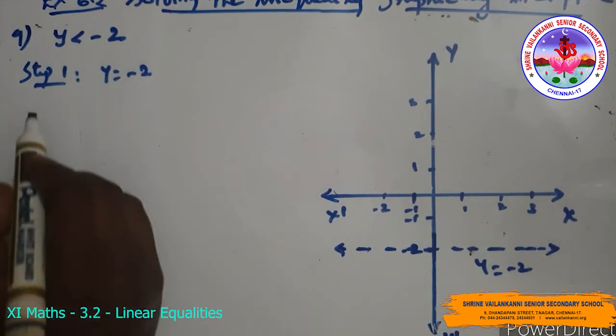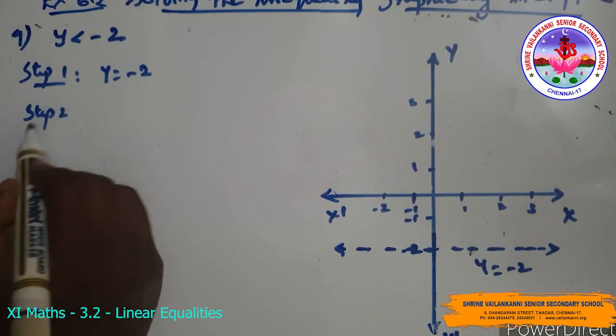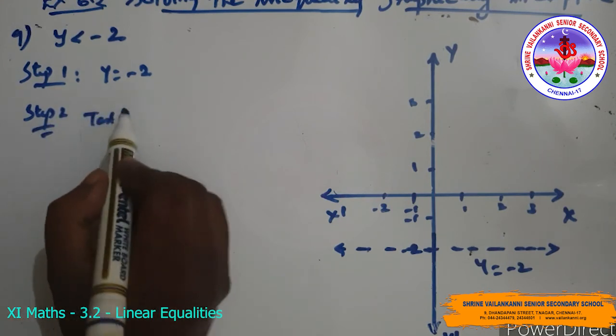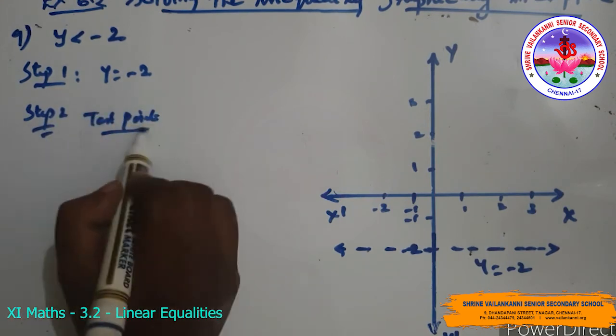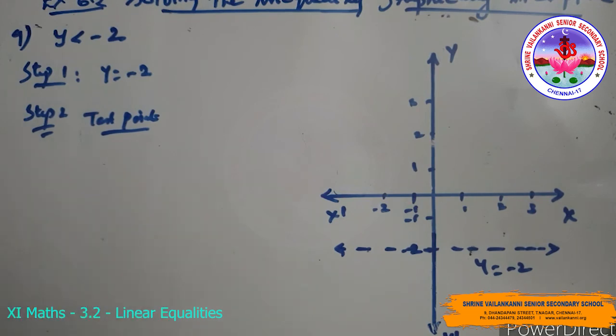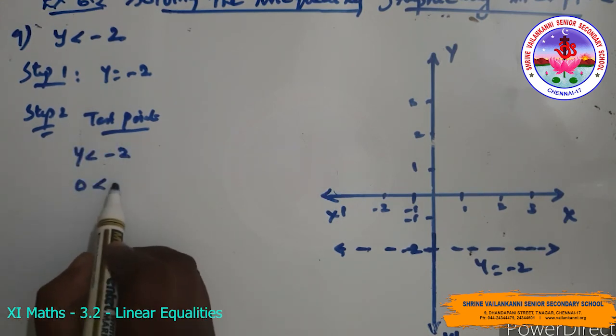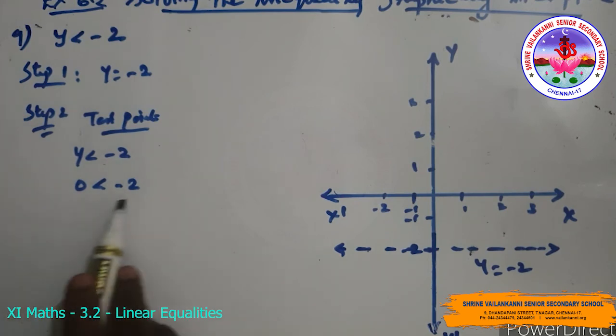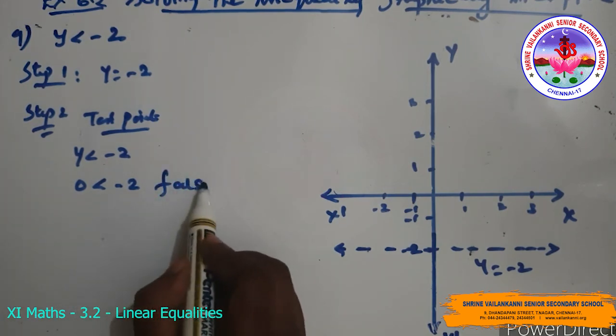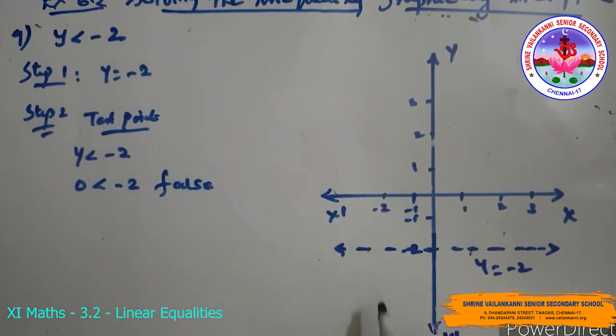So test point, which is step 2. Put x equal to 0 and y is 0. So we have only y which is less than minus 2, that is 0 is less than minus 2. So 0 is less than minus 2, which is false. So it lies outwards from the origin.